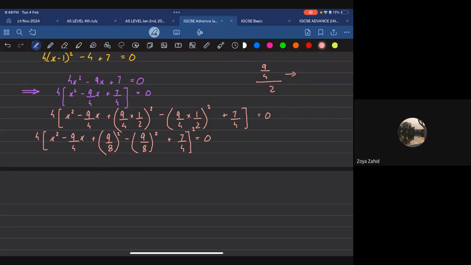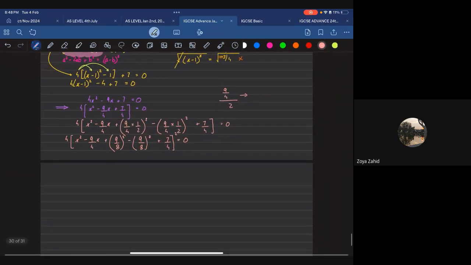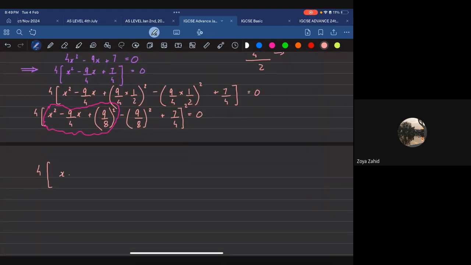Now what's going to happen if I simply want to solve this further? This part itself is going to be x minus 9 over 8 whole squared. So it's going to be 4 times the bigger bracket x minus 9 over 8 whole squared, minus 9 squared, which is 81 over 64, plus 7 over 4 on the outside.